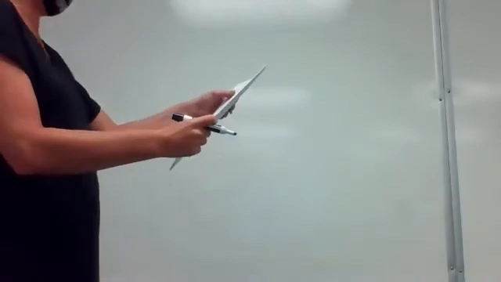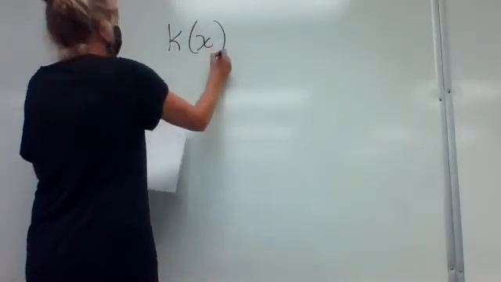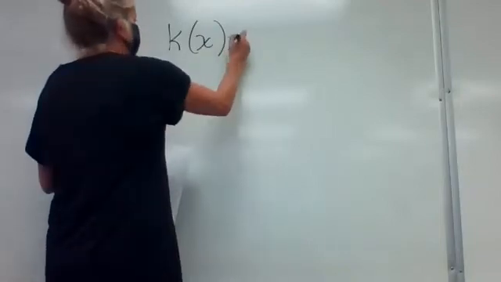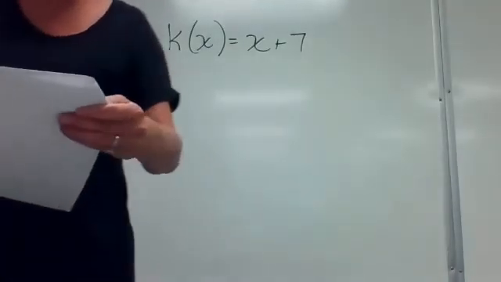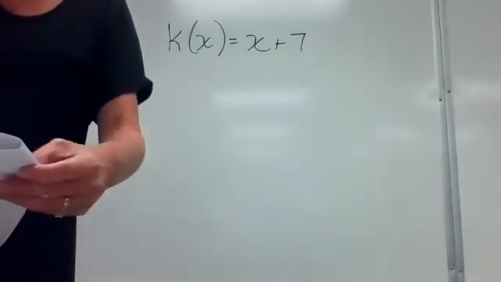It's kind of what we're doing here. So number 6 gives us a function and it says K of X equals X plus 7. And it's going to ask us to find 1, 2, 3, 4, 5 things.